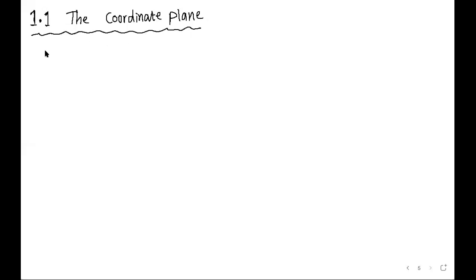So I can define the coordinate plane as perpendicular real lines that intersect at 0, at the point O, called 0, 0, on each line.